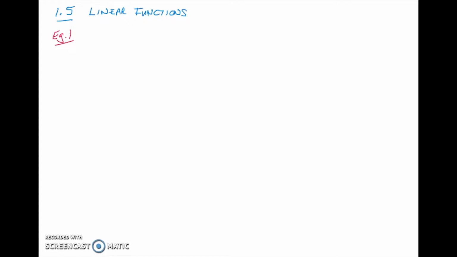So what we need to do in this example is find the gradient of the straight line that passes through the points 3, 2 and 5, 7, and also determine the angle that the line makes with the positive direction of the x-axis. So we've got these 2 points.